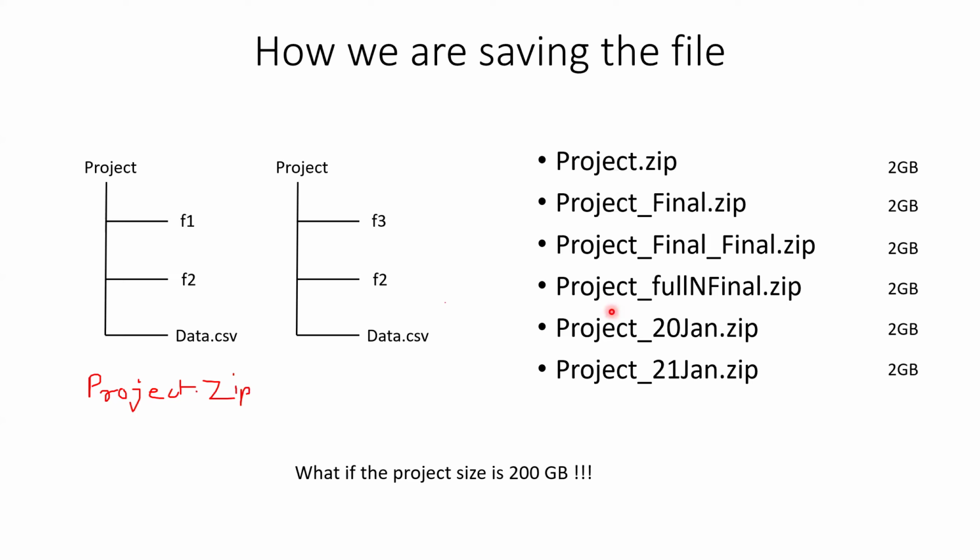Just 5 versions are going to take 1000 GB of space, which is equal to 1 TB. So your whole hard disk is actually gone.